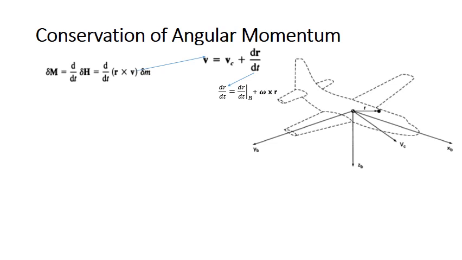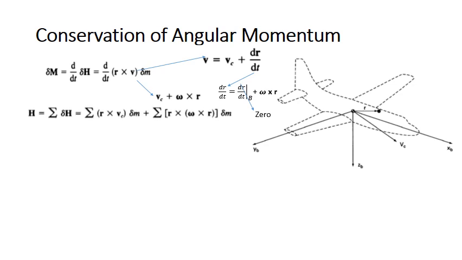But since we assume a rigid body frame, dr by dt with respect to the body axis is equal to 0. So finally we get v equal to Vc plus omega cross r.